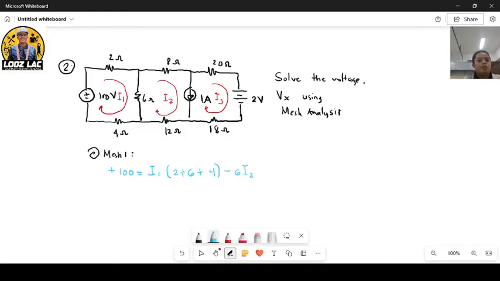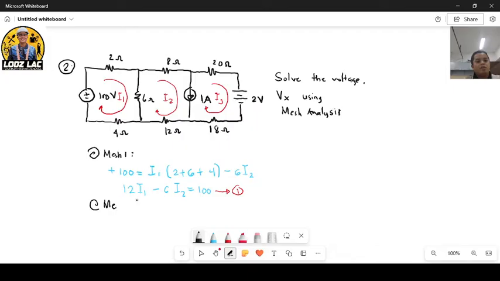If you sum up 6 plus 2, 6 plus 4, this is 12. So 12 I1 minus 6 I sub 2 is equal to 100 volts. Assuming, guys, this is your equation 1.